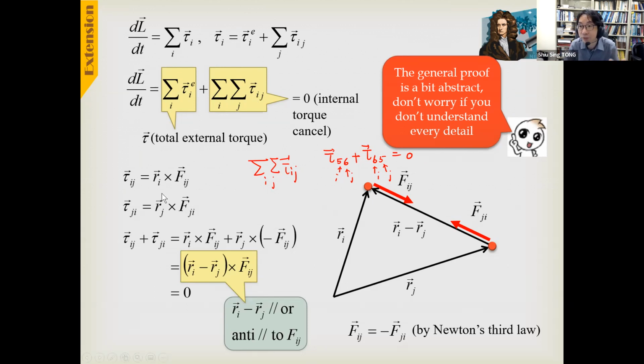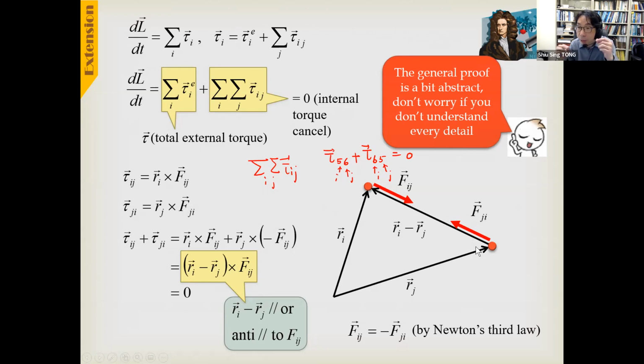And now I'm going to prove that. Now I consider the interaction of particle i and particle j. They interact with each other with internal forces, Fij and Fji. Fij is the force acting on particle i due to particle j, while Fji is the force acting on particle j due to particle i.